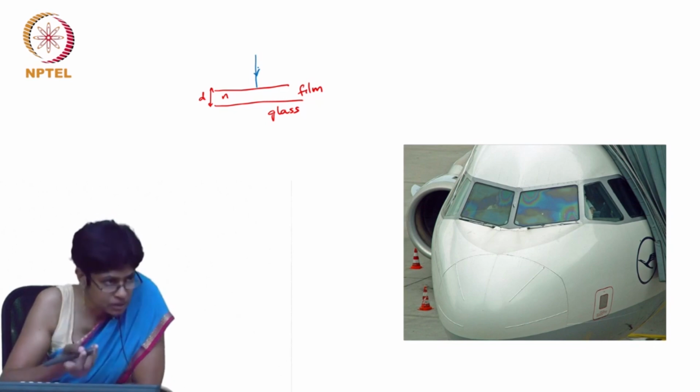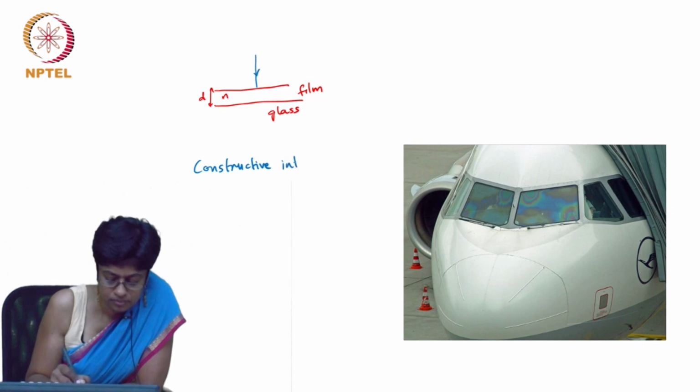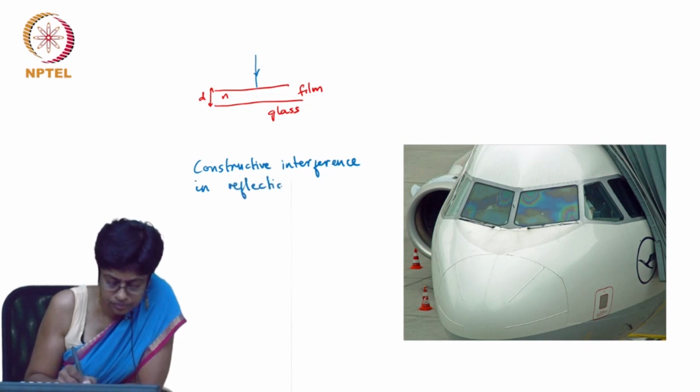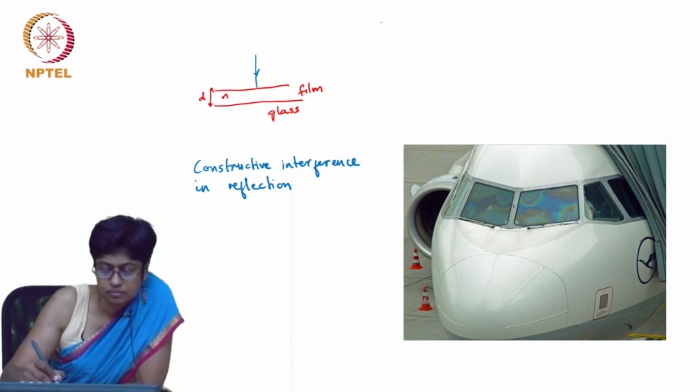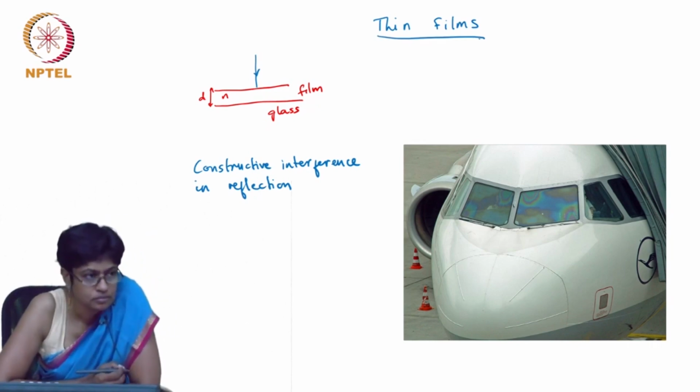What is the condition that I have constructive interference in reflection? Can you tell me what is that condition? What's the condition for constructive interference in reflection for a normally incident beam?